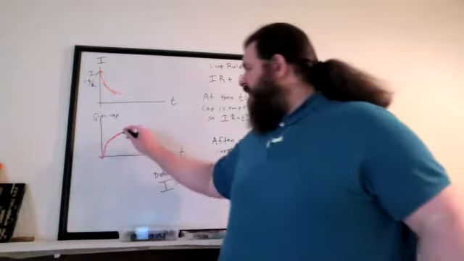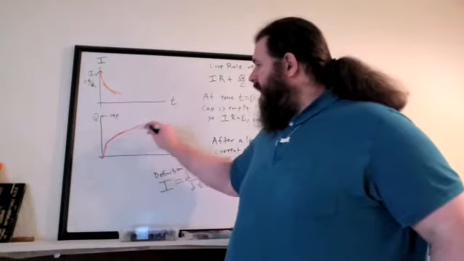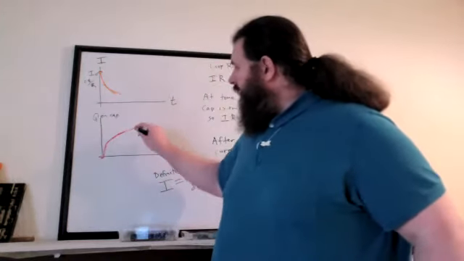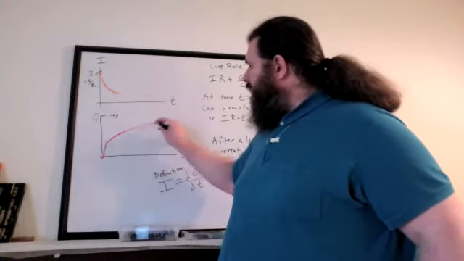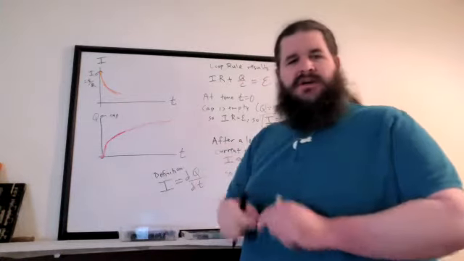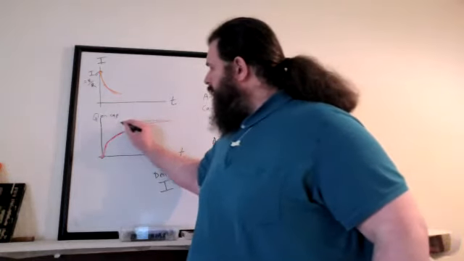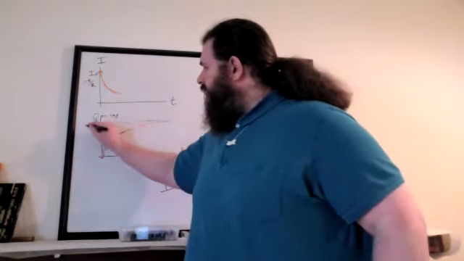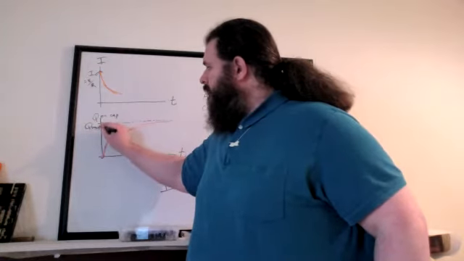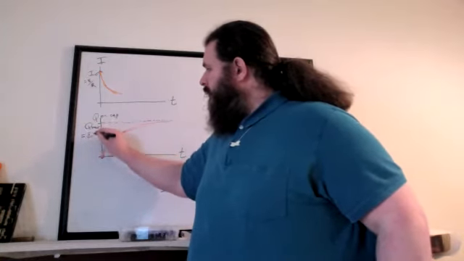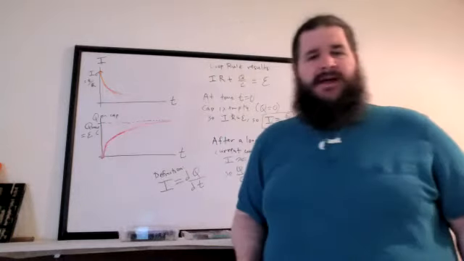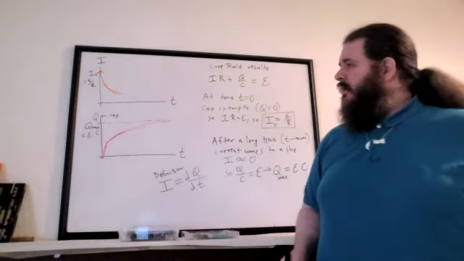Mathematically, it never reaches it because the closer it gets to Q max, the slower the current gets. So formally, it'll never reach it, but it eventually gets close enough that it may as well be at Q max. So Q max is this asymptote equal to epsilon times C, voltage of the battery times capacitance of the capacitor.